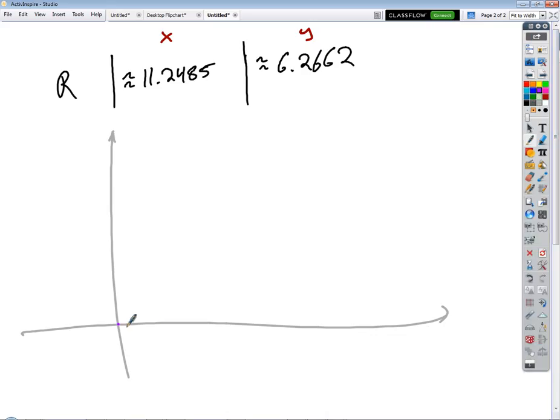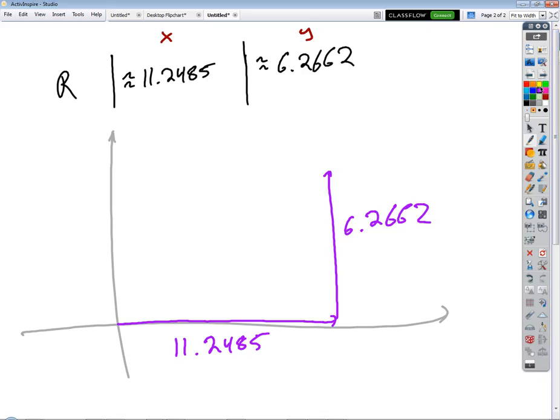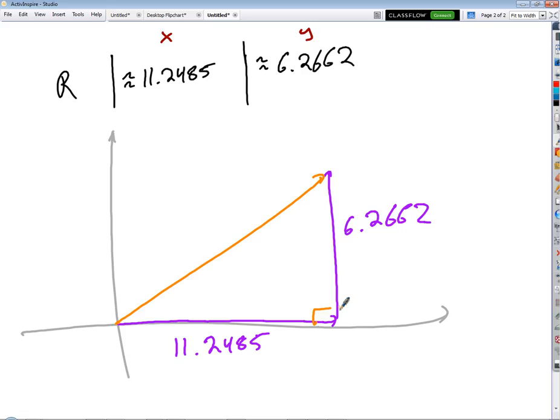So the x component is something akin to 11.2485, we'll use the calculator. The y component is something akin to 6.2662, use the calculator. And we get the resultant vector. So it comes out to be, what is it again, 12.9? I'm pretty sure the sig figs were 3. So there's the magnitude by the Pythagorean theorem, right?